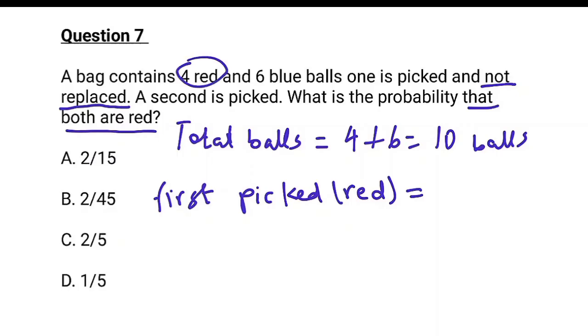We have 4. That will be 4 over 10. That's the probability when you pick the first ball, if it is red.